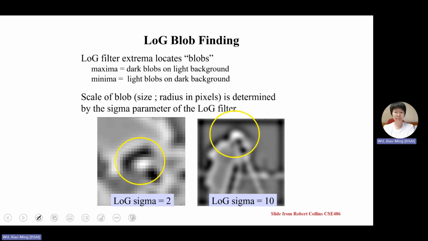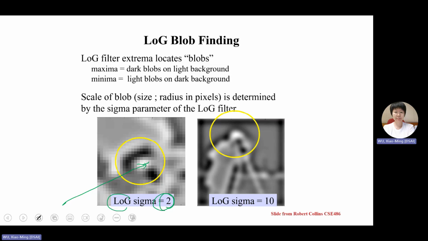So if you apply the sigma equal to 2 LOG filter, the highest response is achieved at the center of the eye, because the eye itself is a small, dark blob.